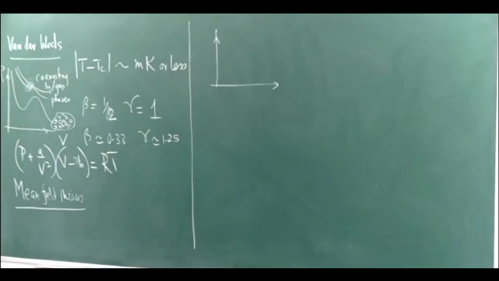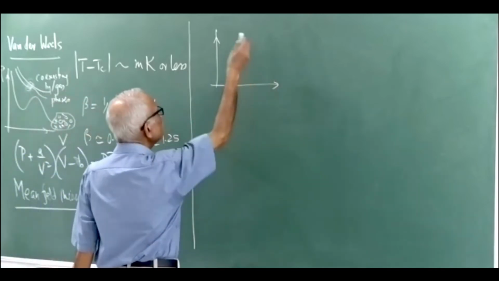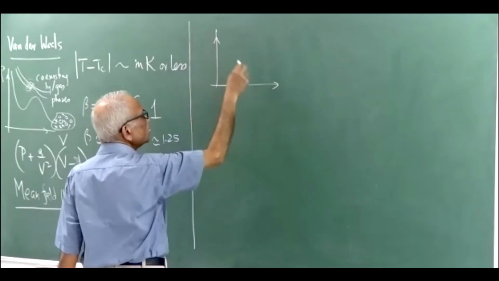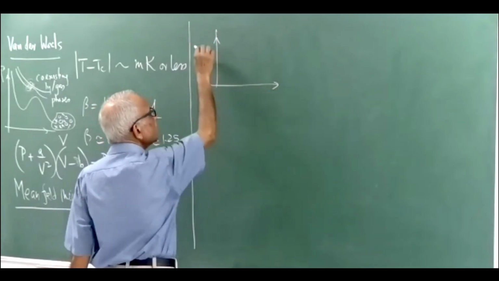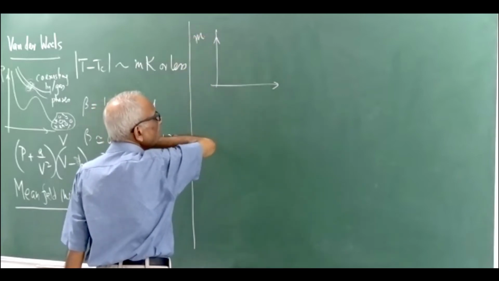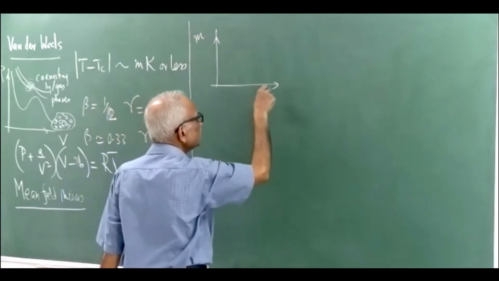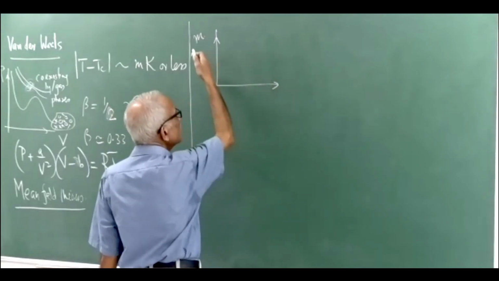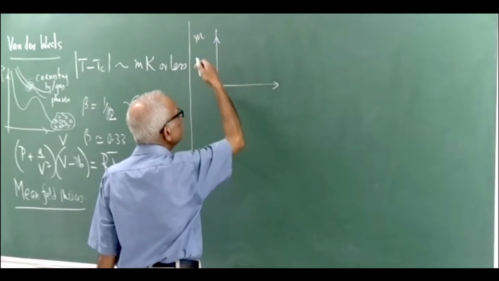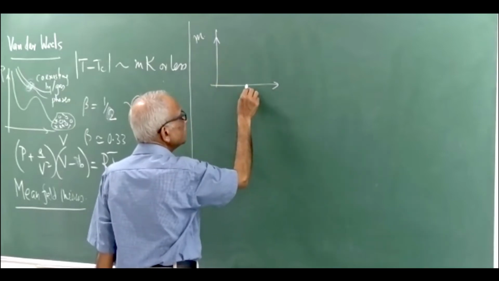On the other hand, it is somewhat easier to talk about a magnet which at high temperatures is a paramagnet, which means the average magnetization is, there is no spontaneous magnetization. There is magnetization only if you switch on a magnetic field.